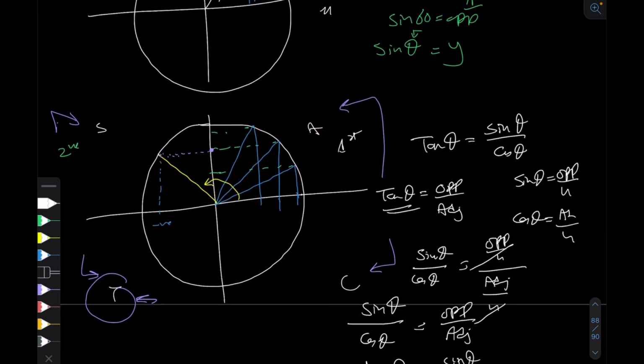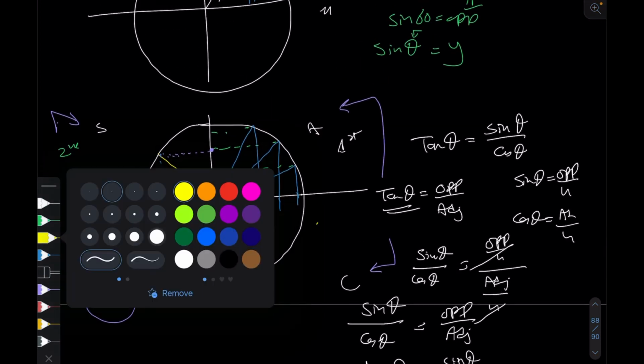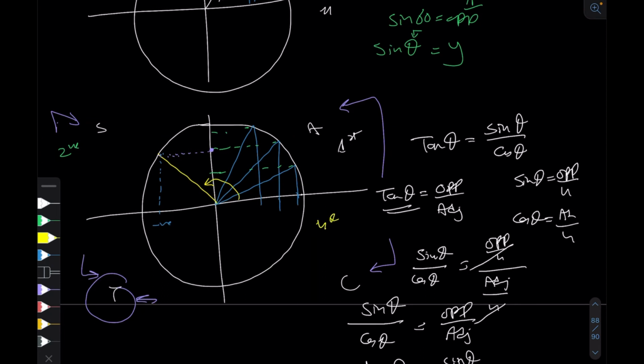So if I take the fourth quadrant, any point I take will have a positive x value and of course a negative y value. So this is why in the fourth quadrant cos is positive and sine is negative.